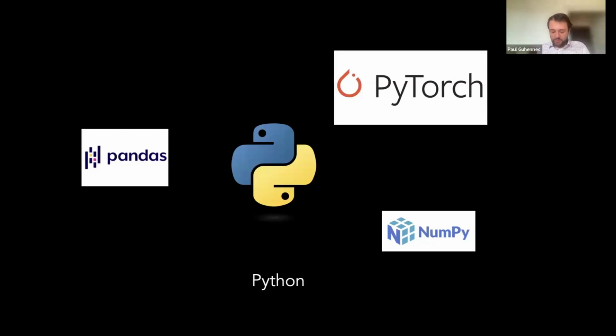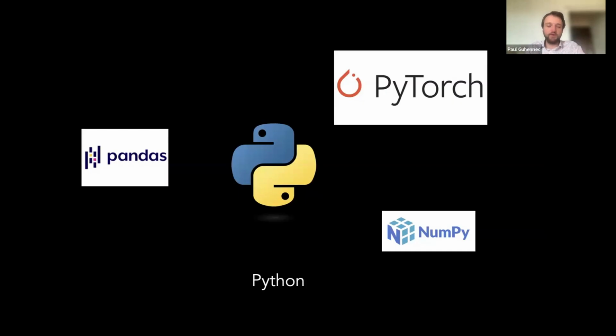You can think of them as collections of tools that are made available for Python users for free, and which you can combine, leverage to do different things. So typically PyTorch is the thing we use to train neural networks.